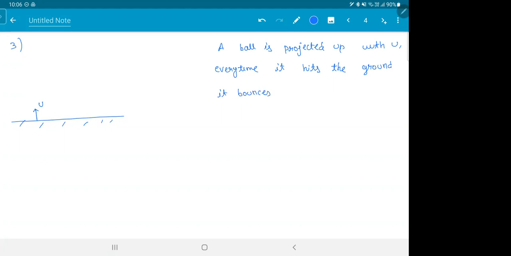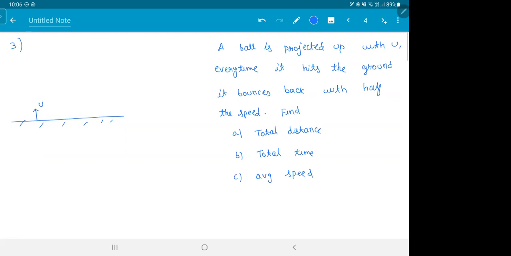It bounces back with half the speed. Find total distance, total time, average speed.